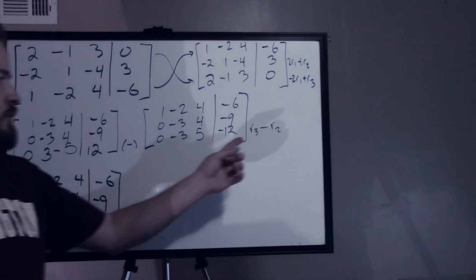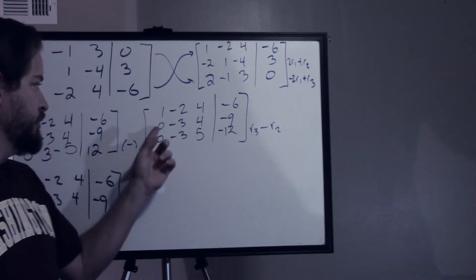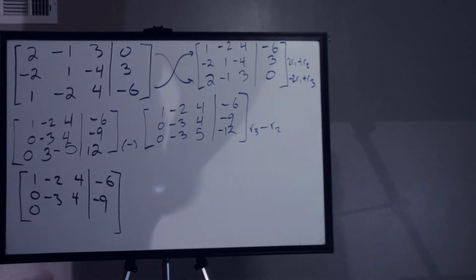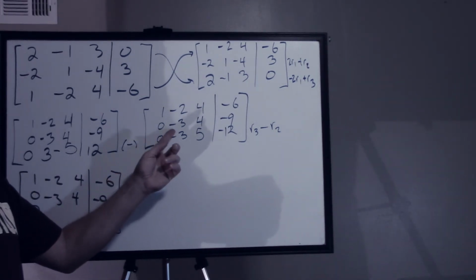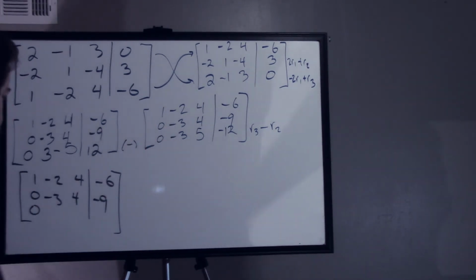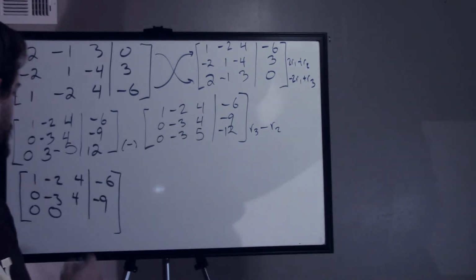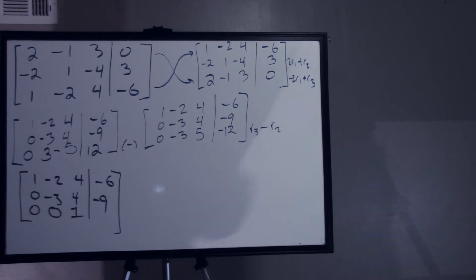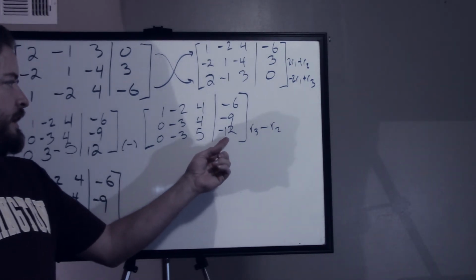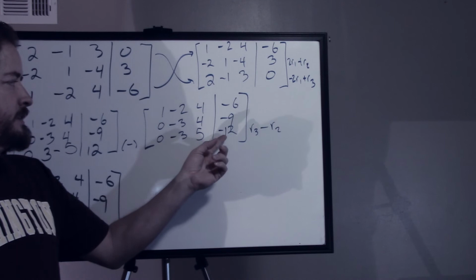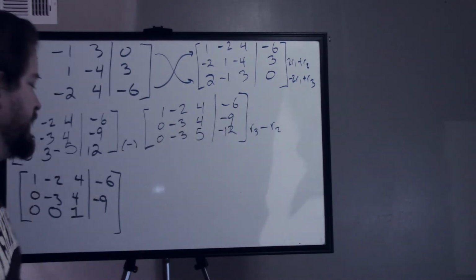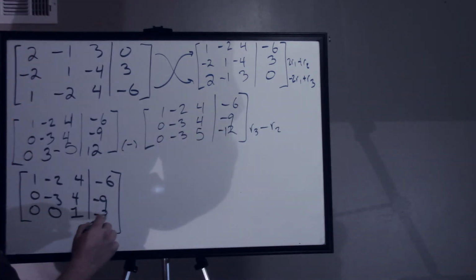And I'm taking row 3 minus row 2, so 0 minus 0 is 0. -3 minus -3 is 0. And then 5 minus 4 is 1. And then -12 minus -9 is the same thing as -12 plus 9. That's -3.